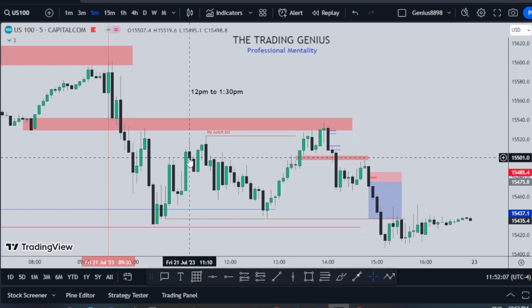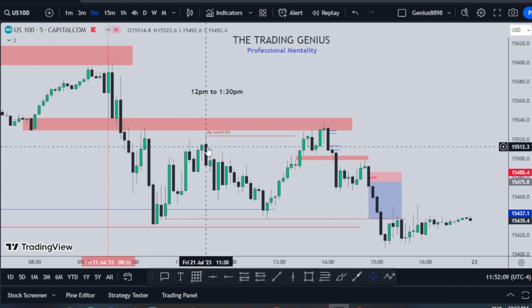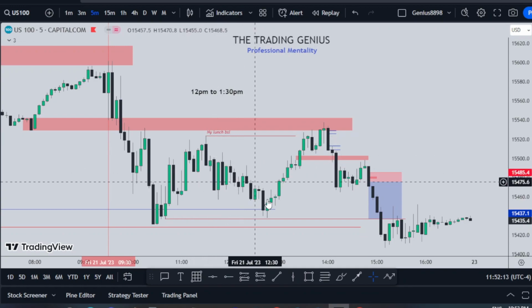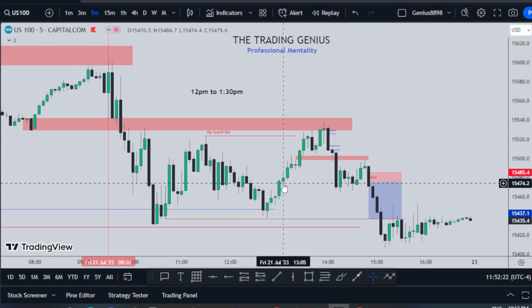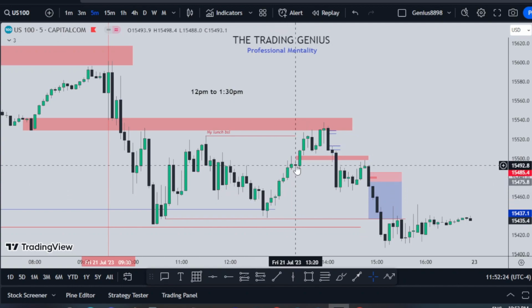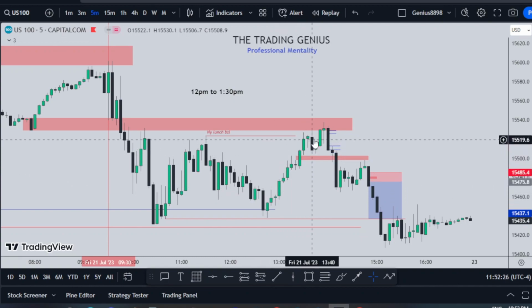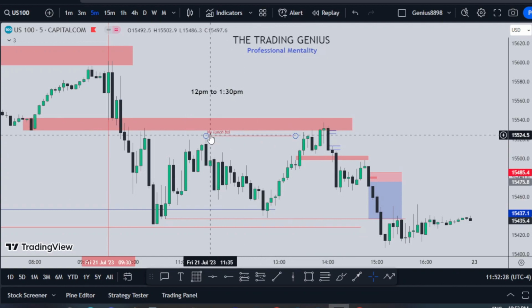So I was waiting and waiting and waiting until we have this 1:30 high, and then price starts to consolidate. After it consolidates, coming back from 12:45, it starts climbing back, creating this nice fair value gap, going back again, another fair value gap here, going back again until we come back and take out this New York lunch buy side liquidity.